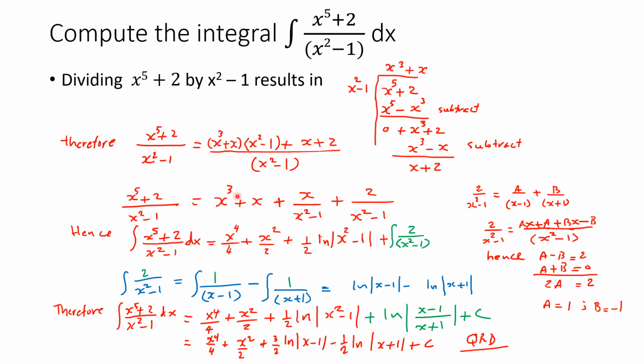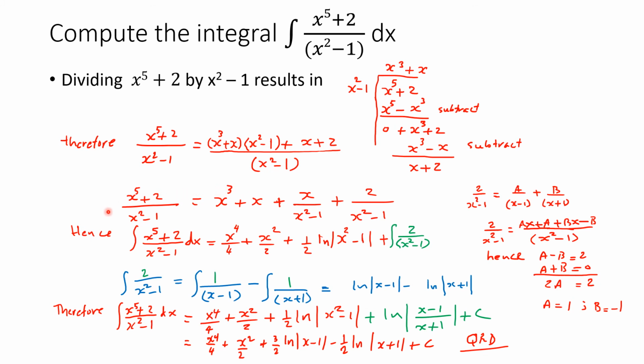So we put that without involving anything else, and then plus the remainder divided by the divisor. The remainder is x plus 2. We have to divide it by the divisor, which is x squared minus 1. So we'll do it in two terms: x divided by x squared minus 1 plus 2 divided by x squared minus 1.